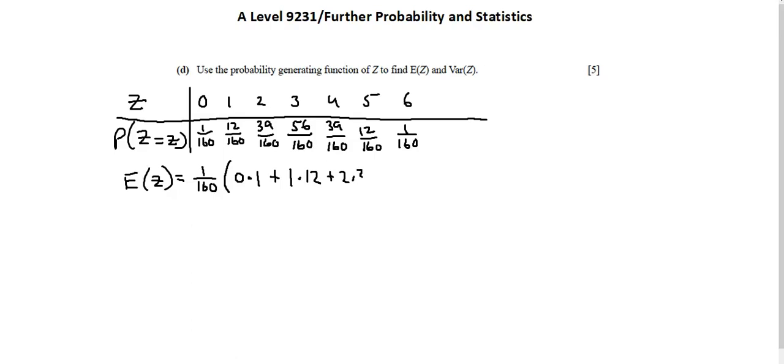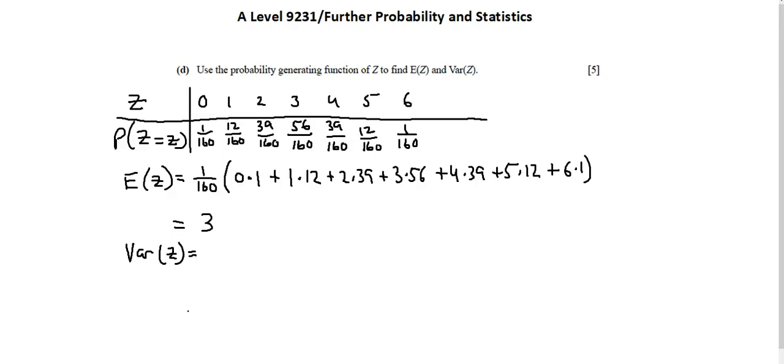Plus 2 times 39, plus 3 times 56, plus 4 times 39, plus 5 times 12, plus 6 times 1. So I sum the multiples in the brackets, divide by 160, or multiply by 1 over 160. My expectation is 3.